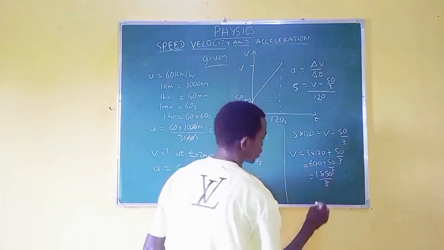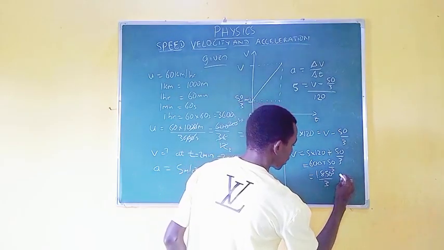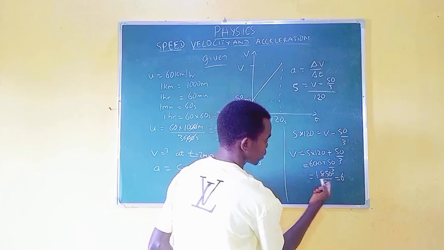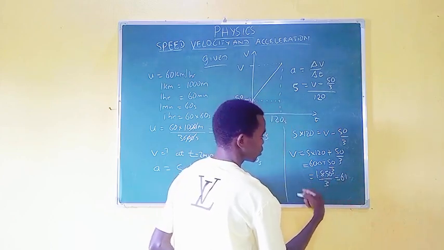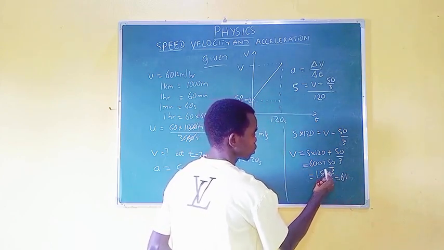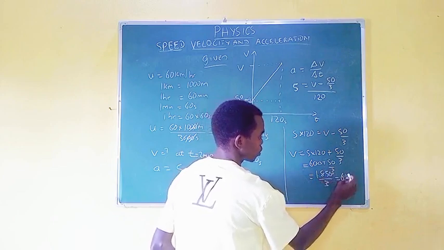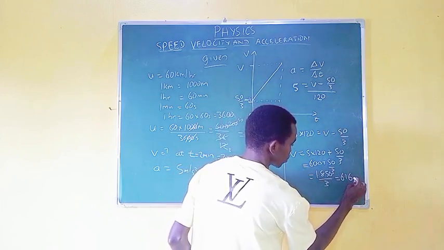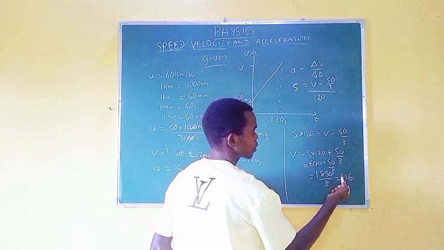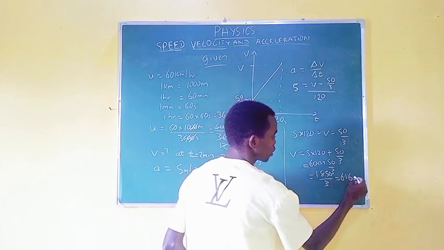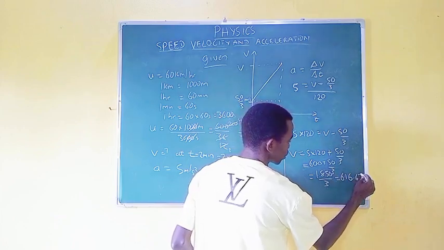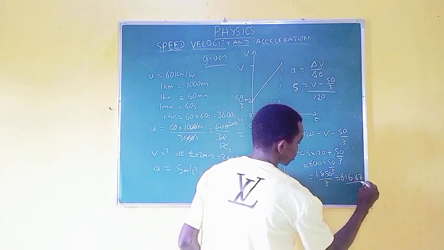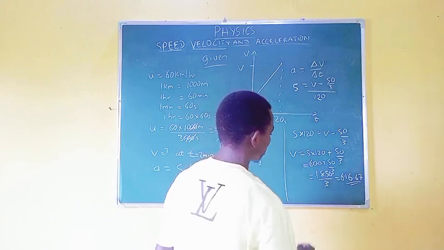1850 over 3. 18 divided by 3, we have 6. 5 divided by 3, we have 1, remainder 2, becomes 20. 20 divided by 3, we have 6, remainder 2 again, becomes 20, so it goes 6, 7.